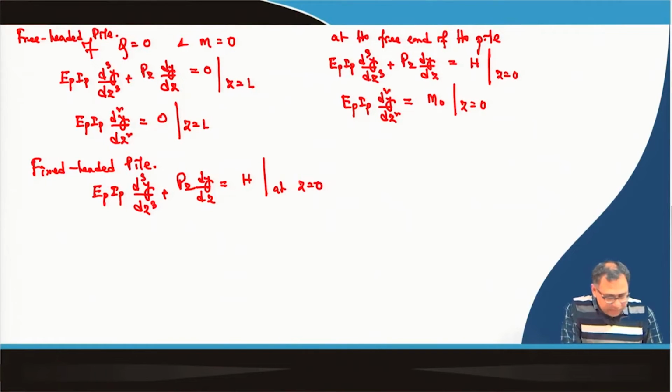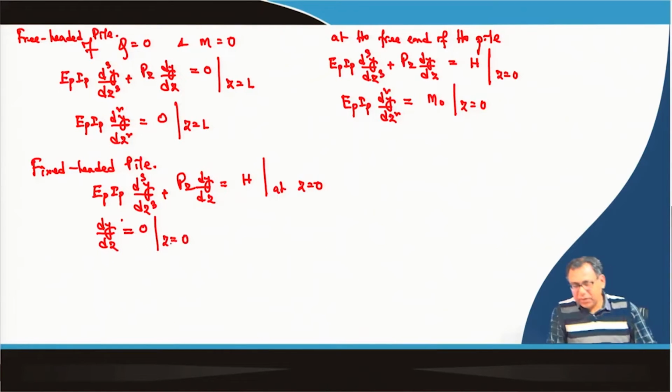Okay? But d y d z will be 0 at z equal to 0, because in the fixed headed pile the slope is zero.